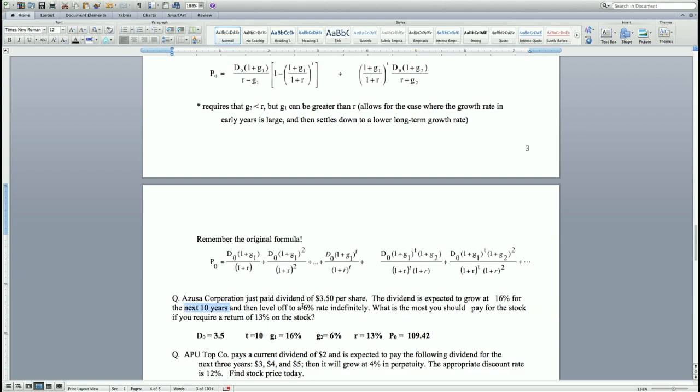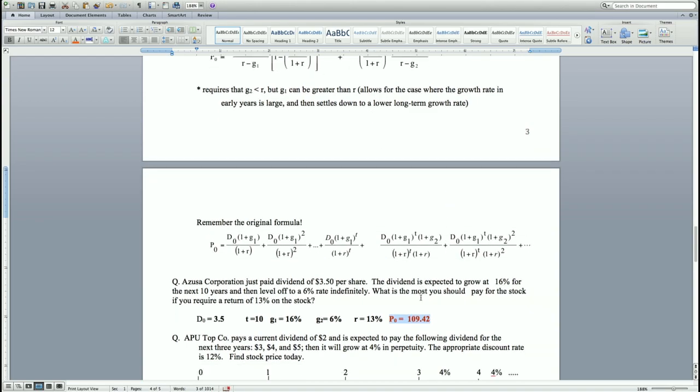After that, beyond the 10 years, T plus 1, or year 11, 12, 13, on and on, all those we have 6%, that's G2. Required return is 13%. Then put those numbers into the calculator or use the lengthy formula, and you'll get 109 as the answer.